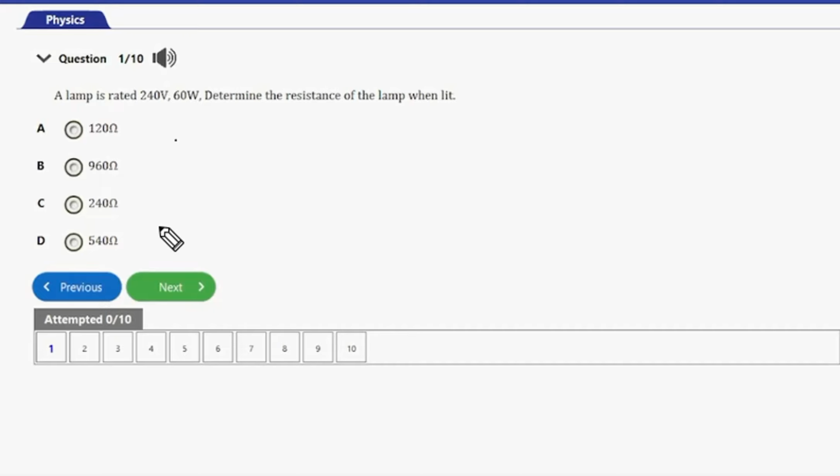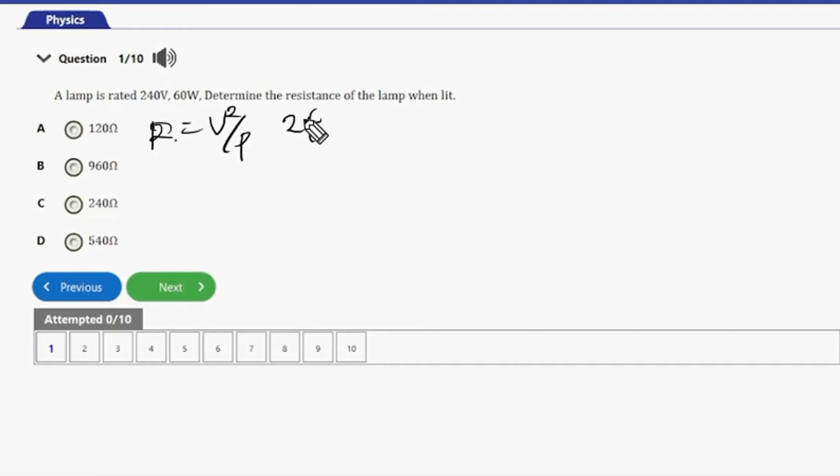It says a lamp is rated 240 volts 60 watts. Determine the resistance of this lamp. So guys, actually it's very simple to calculate this using the formula R is equal to V squared over the power. So the voltage here is 240.